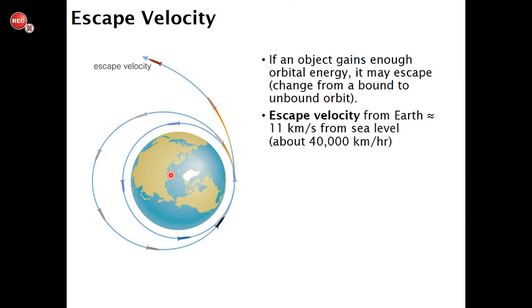And so we can ask, well, how much energy do we need to actually break an orbit to make it unbound? An unbound orbit means that the object can go as far away as it wants, effectively to infinity. And so we call that escape velocity. And we can calculate what that is. For Earth, it's about 11 kilometers a second. But there's a formula for it.